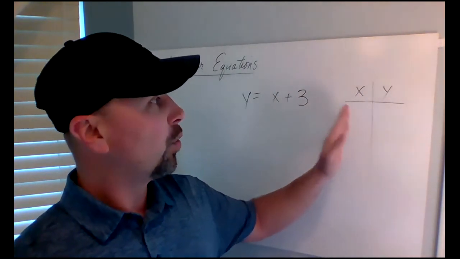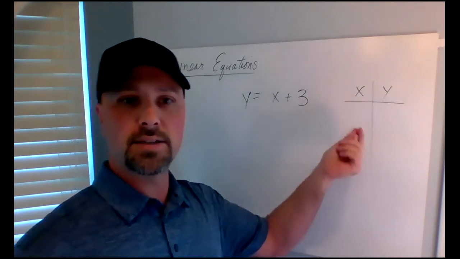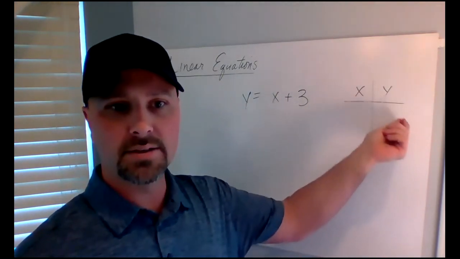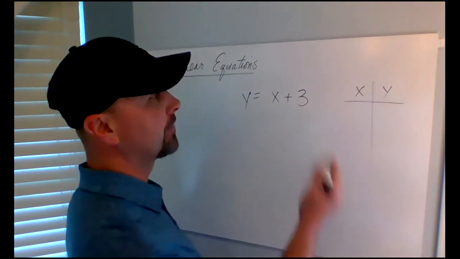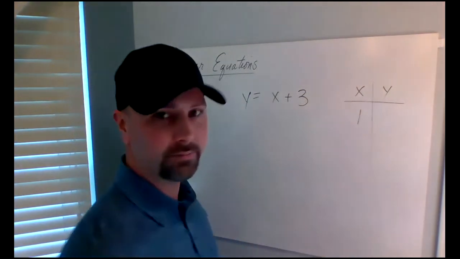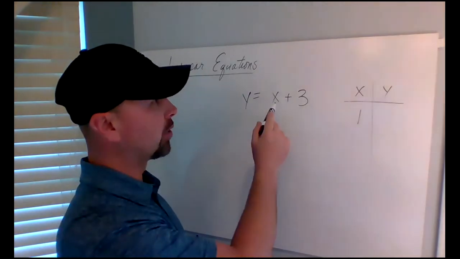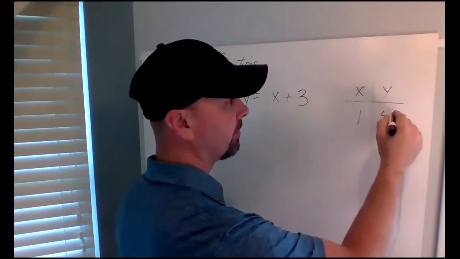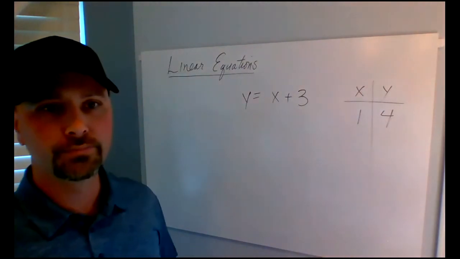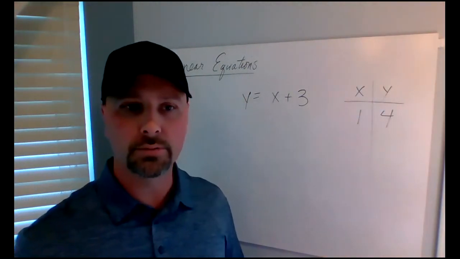And so when X is this, Y is this, okay? So when my brother was 1, put a 1 in for X, 1 plus 3 equals 4. I was 4, right? 3 years older.